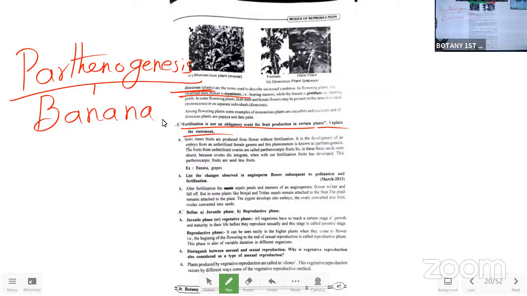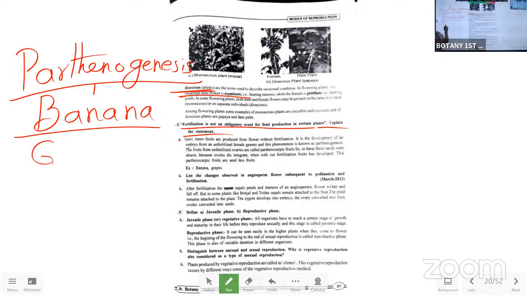And in some plants, we will induce, that means we will make the flowers develop into the fruits without a fertilization. That is inducing, what we'll say. We are making them go with the fruit formation without a fertilization. That is, in some plants, the artificially induced parthenocarpy can be seen. Okay, in that also seeds are not there.